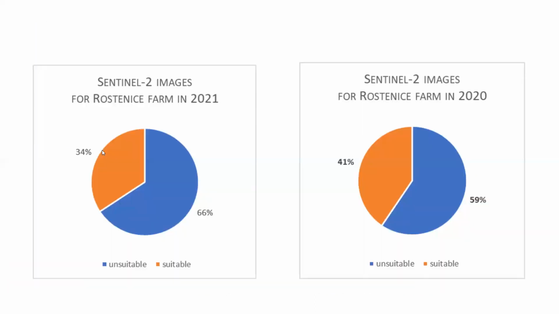And we see it's quite an important problem, because it can be 2/3 of images completely covered with clouds or unusable, and then there are many images covered partly with clouds.